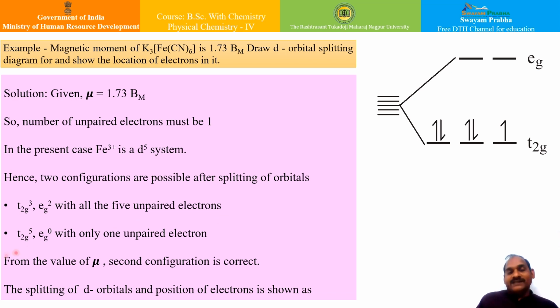The second possibility is t2g5 eg0 with only one unpaired electron. But from the magnetic moment value, we know that it corresponds to only one unpaired electron. So from the value of mu, the second configuration, that is t2g5 and eg0, is correct, and therefore the figure should be as shown over here. So this is how we can utilize the concept.